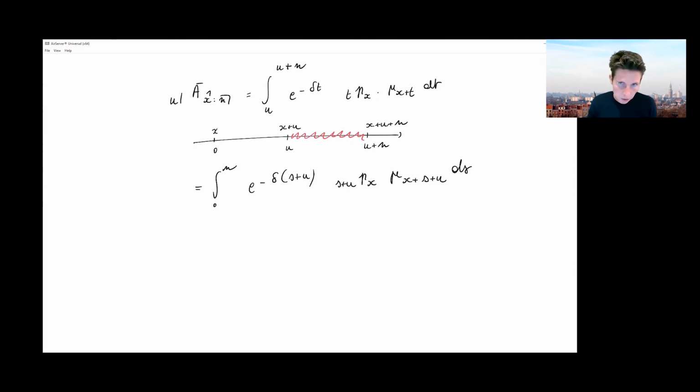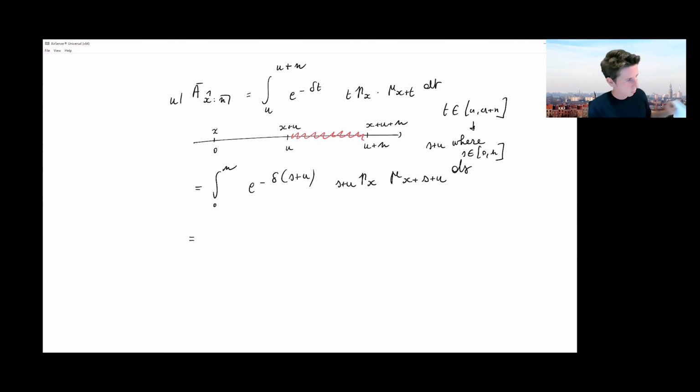So what I did here is I changed the t, which was running from u to u plus n, into an s plus u, where the s is now running from 0 to n. That's the situation I put together over here.